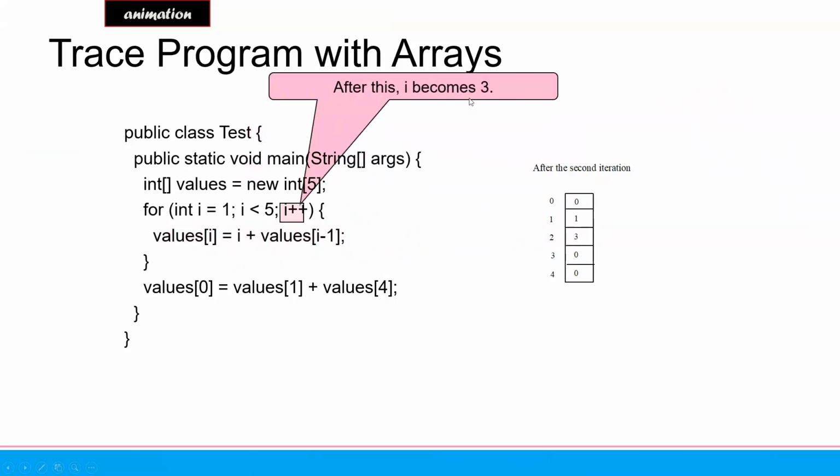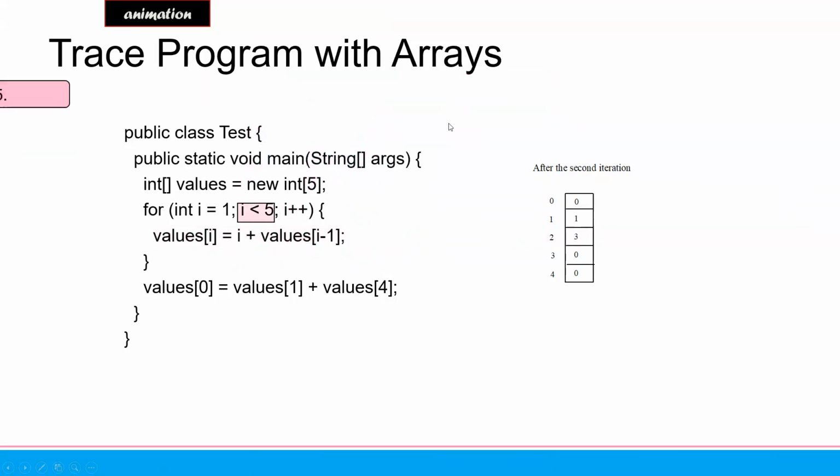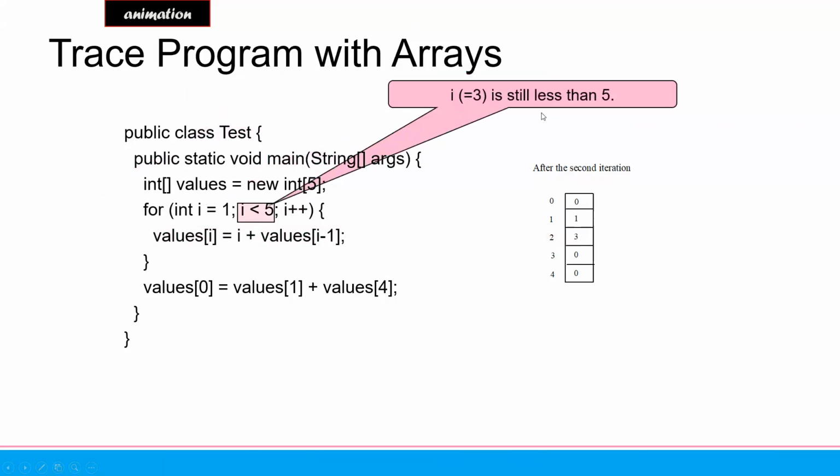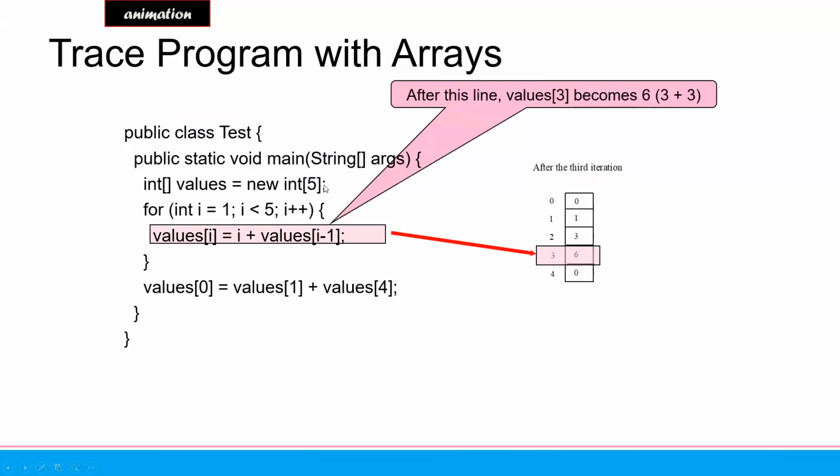i will be added by 1. Now it becomes 3. 3 is still less than 5? Yes. So we will do the summation. i is 3 plus values i minus 1. i minus 1 becomes 2.